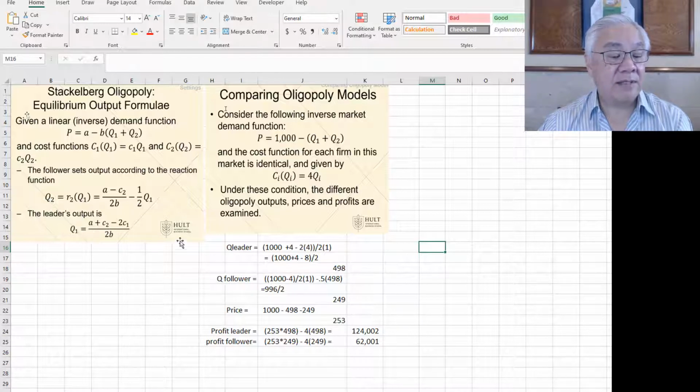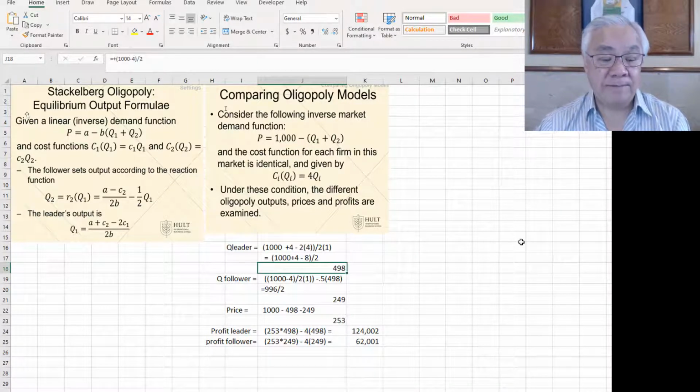A is 1,000, C2 is 4, that's right there, minus 2 times C1, and here the C1s are identical for 1 and 2, so 2 times 4, and that quantity is divided by 2B, so 2 times B, which is given here as 1 right there, the coefficient. So we solve this out and we get this number, 498.